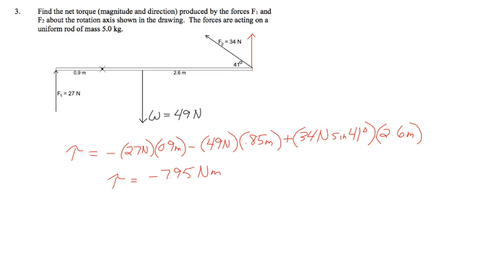So we have to do that. The next thing is I'm going to figure out the mass to the left of the pivot point. And that's going to equal the full mass, 5 kilograms, times the fraction to the left of the pivot point. And what would that fraction be?